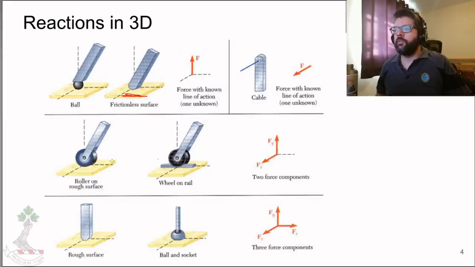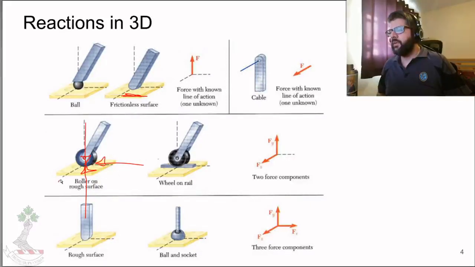You could have, say, a roller on a rough surface. So if you try to apply a force downwards, the surface is going to push back on the roller. If you try to push this thing this way, it's going to allow it to roll.